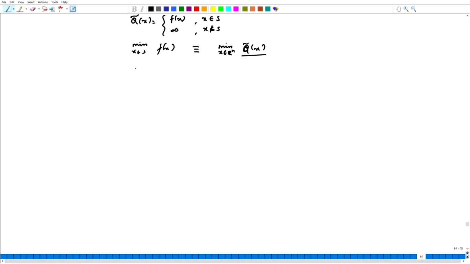So, I am now defining a slightly different function q of x, and what is that? Before that let me actually consider this particular problem, consider minimizing f of x subject to the condition that we will say h of x equal to 0.